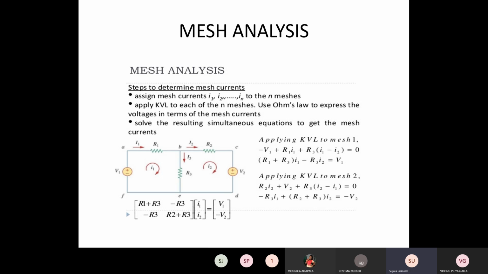So the downward direction is plus and the upward direction is put as minus. And then R2 belongs to the I2 current. Then entering will be plus, leaving will be minus. So when you observe, the I1 direction is like this, the I2 direction like this, but in R3, I1 will be in one direction and I2 will be in the opposite direction.